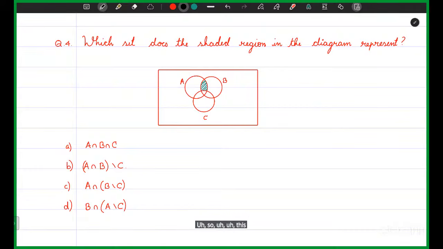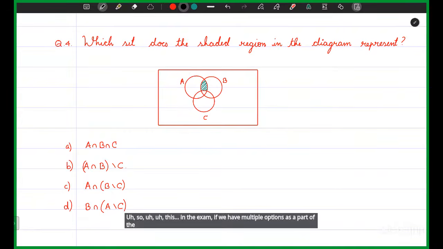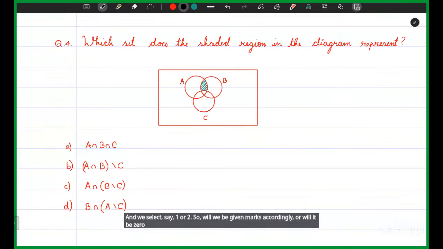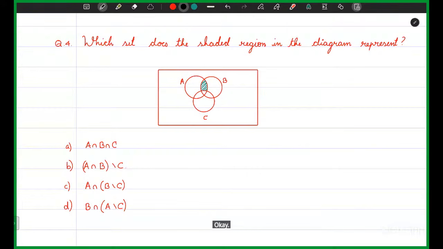In the exam, if we have multiple options as a part of the answer, and we select only, say there are three options which satisfy the question, and we select one or two, will we be given marks accordingly, or will it be zero in totality? You will be given partial credit if you have answered only correct options.